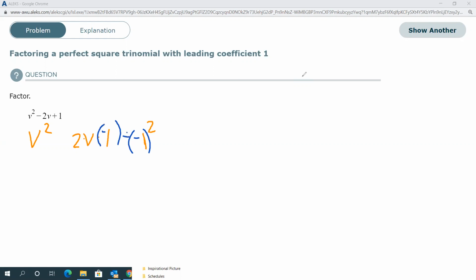Okay. And therefore, I now have negative 2v there in the middle. So I can rewrite this as v and negative 1, and the whole thing squared. So that's what happens when you've got that minus sign right there. You just end up with a minus sign right there. But you know, this is why.